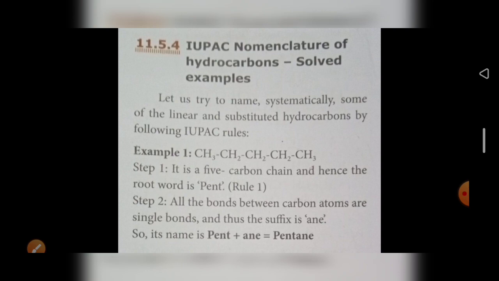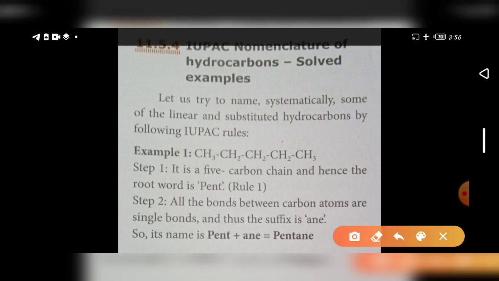First you count the carbons of the long chain. Here this is the first carbon, second, third, fourth and fifth carbon. So totally 5 carbons are there. It is a 5 carbon chain, and the root words are meth, eth, prop, but, pent. So pent is the 5 carbon.